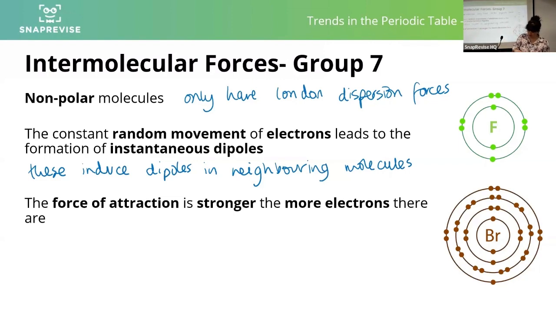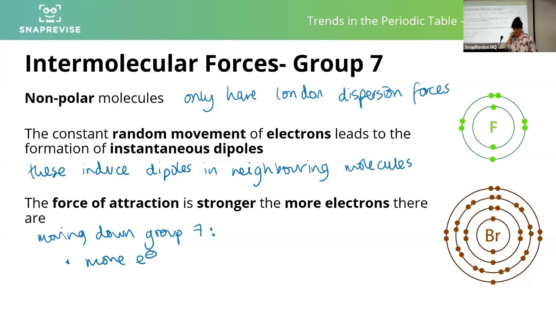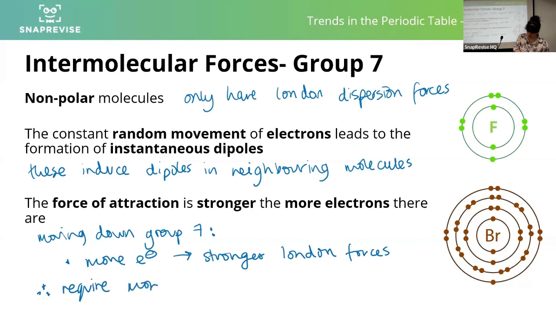So moving down group 7, what's happening? They've got more electrons. More electrons as you go down group 7. Therefore, with more electrons, we have stronger London forces. What does that mean? That means they therefore require more energy to overcome.